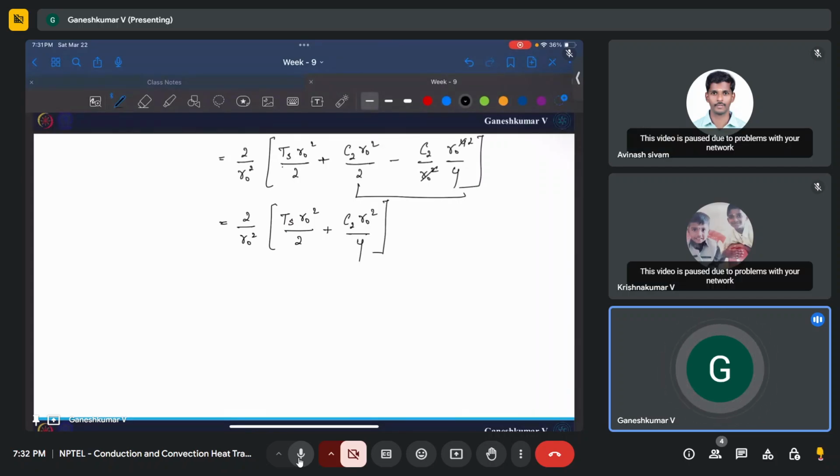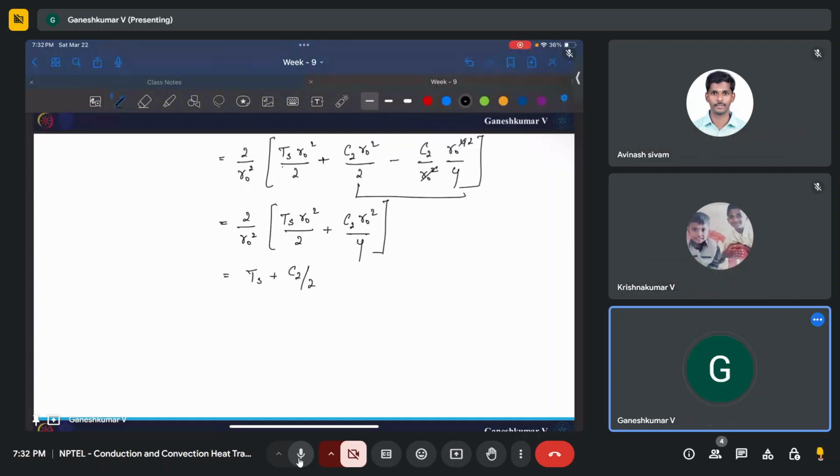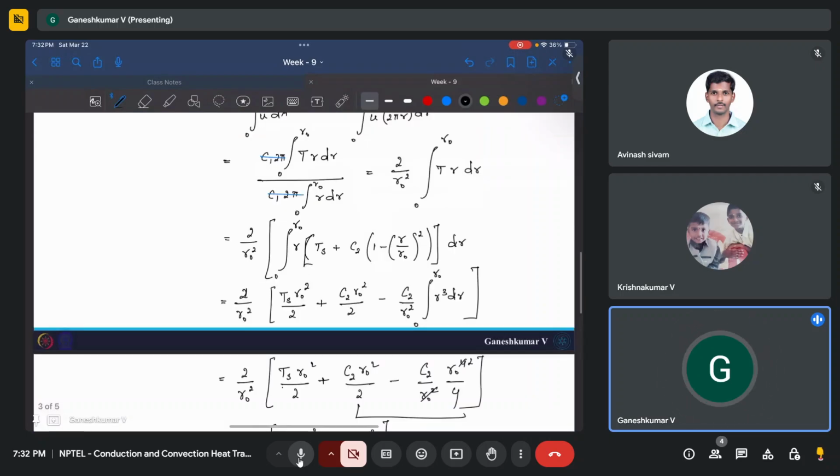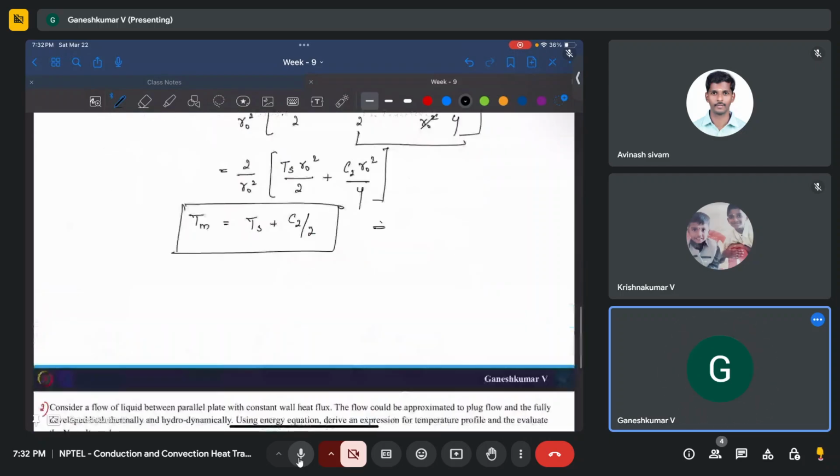Now you take the 2 by R naught square inside, it becomes Ts plus C2 by 2. Okay. This is your Tm, and actually we can just simply write Ts minus Tm. Ts minus Tm is going to be minus C2 by 2.